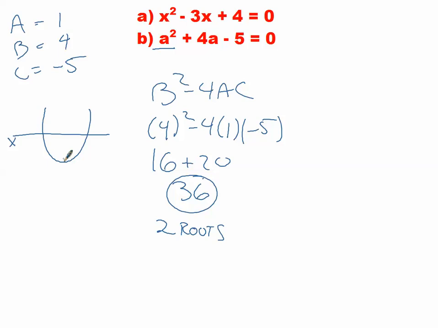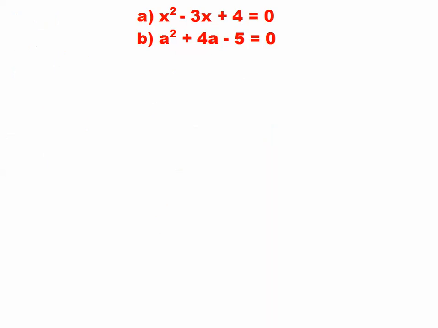So let's try one more. Now you could probably figure out what you're going to get on this example. So the first one, we had no roots. Second one, we had 2 roots. There's a good chance for getting 1 root in this one. What are our a, b, and c values? Oh, Eva.